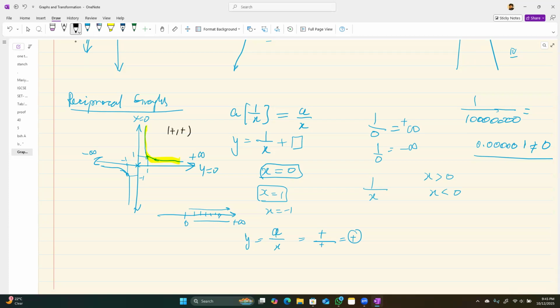It increases towards positive infinity in this direction and in that direction. So the impact of A is always going to change this direction only.